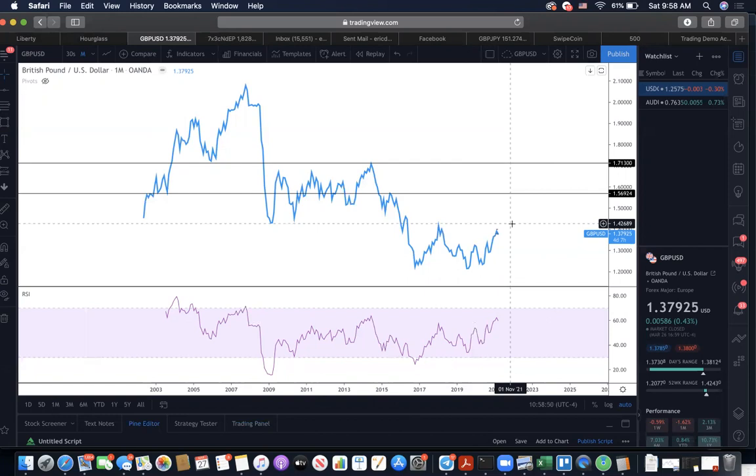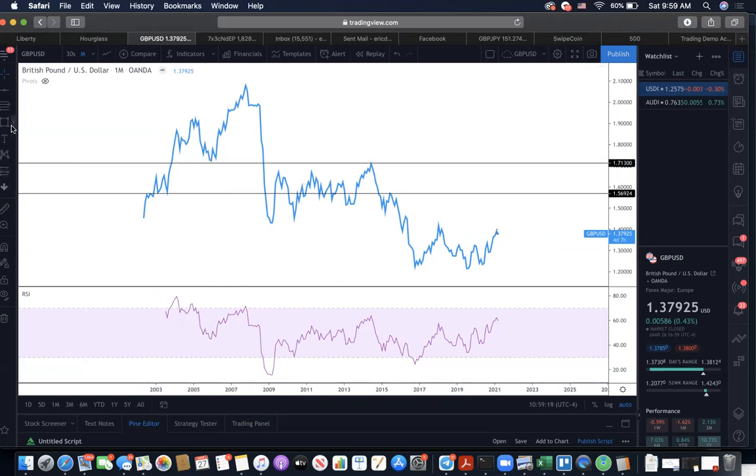So we're going to plot our monthly and weekly key levels on this chart. What you want to do is find areas where price has held and where price has rejected as an area of support and resistance. The first line that I plotted here was 171,300.